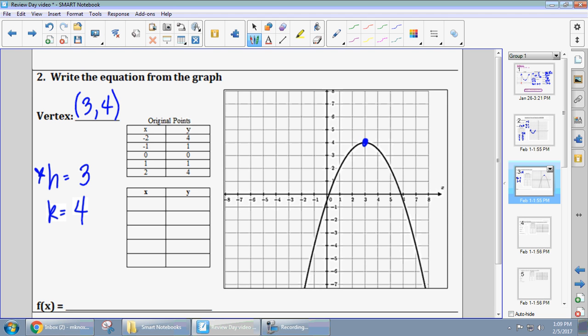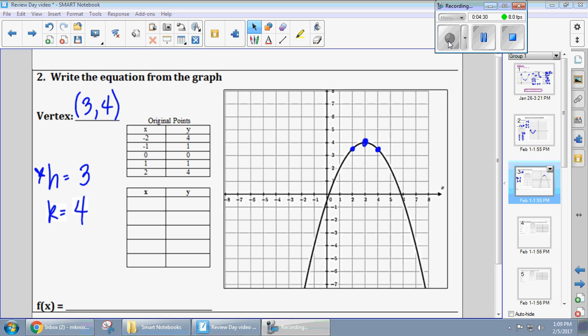And then let's see how I move from that vertex. When I move from my vertex, I go back 1, down 1/2. Forward 1, down 1/2. I know that usually, when I go back 1, I go down 1.